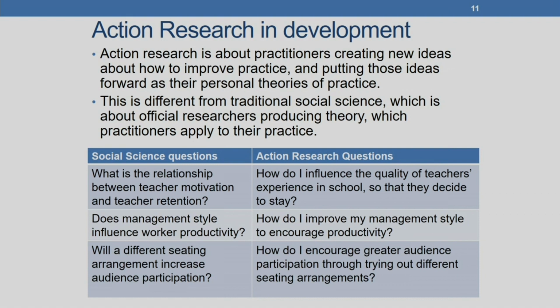Some examples of social science questions and AR or action research questions show the difference between them. In a certain educational setup, the social science question will read as, what is the relationship between teacher motivation and teacher retention?